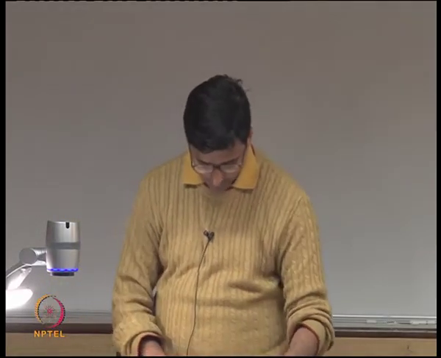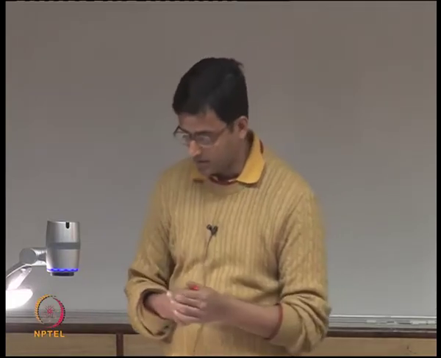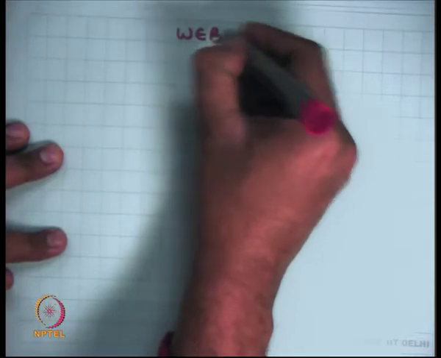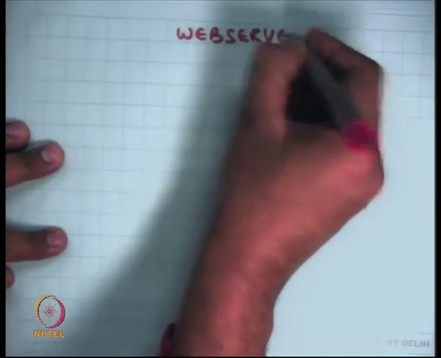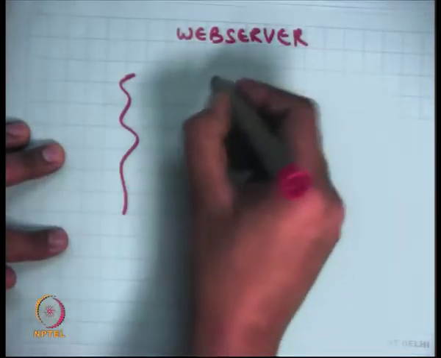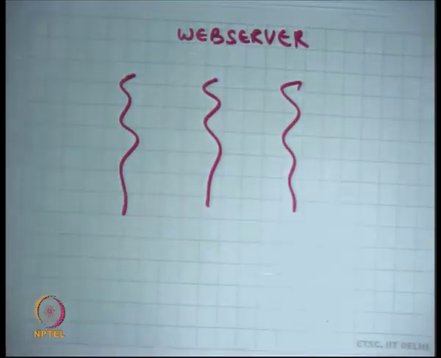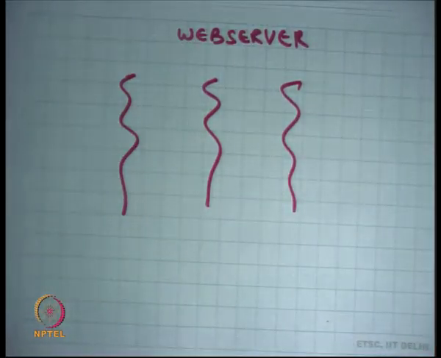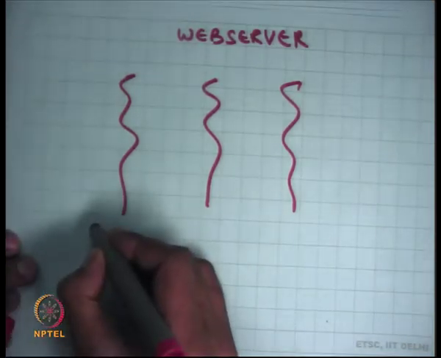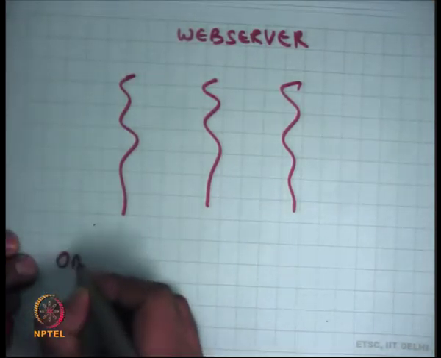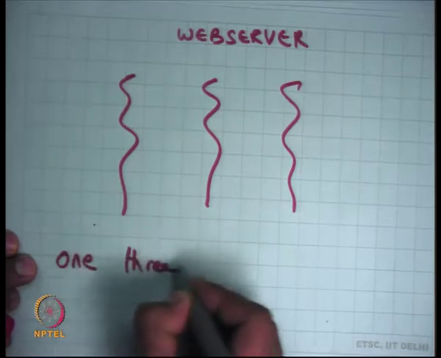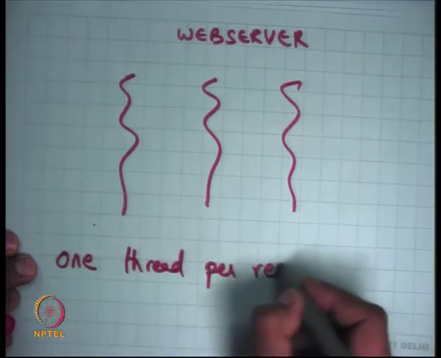Okay. Let me take another example. Let's say I'm a web server, and I have multiple threads in the web server. So you're running a website and you have a web server, and what you've done is you have said that each thread is going to handle one request, so one thread per request.